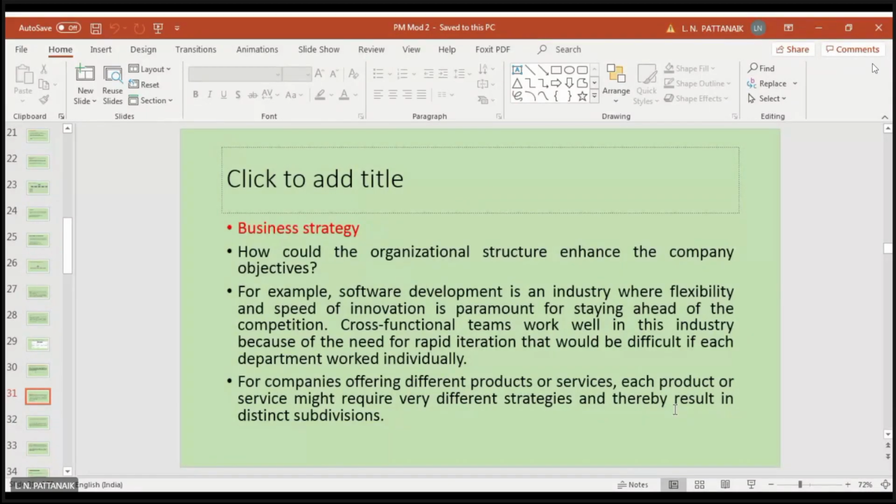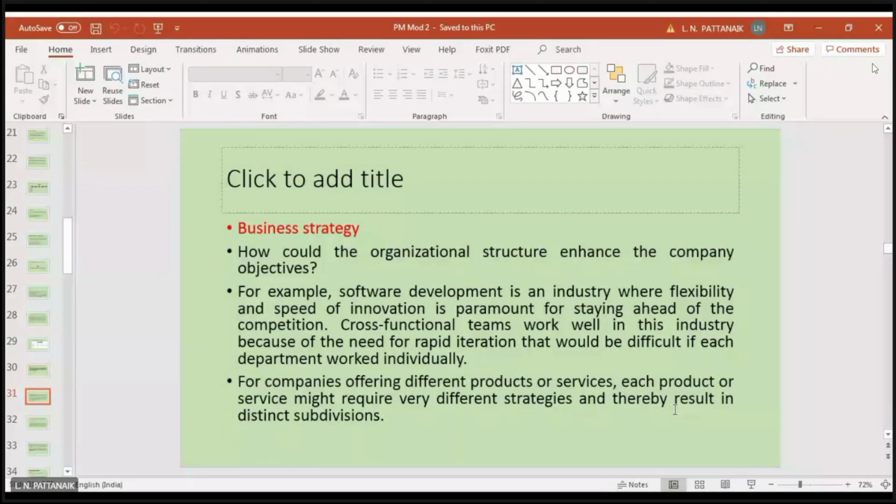According to that objective, they will set some strategies. Strategies are actually the plans or tactics to reach the goals. So they'll look into their competitors, how they are working, and what kind of strategy they will adopt so that they will succeed. According to their business strategy also, they reframe, redesign, or form their organizational structure.